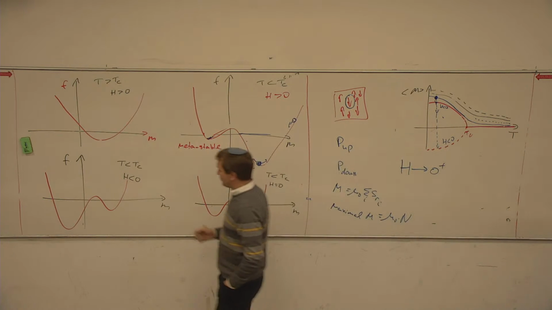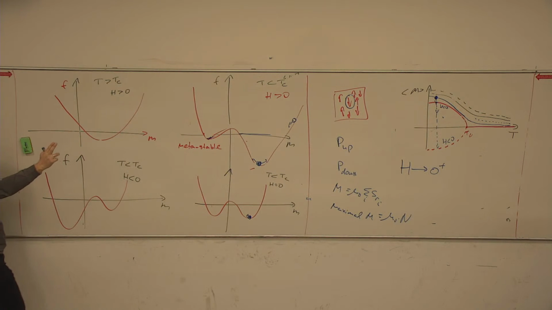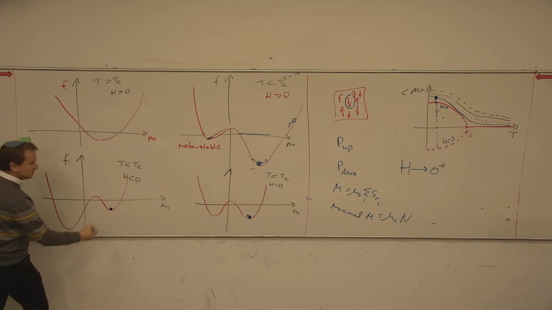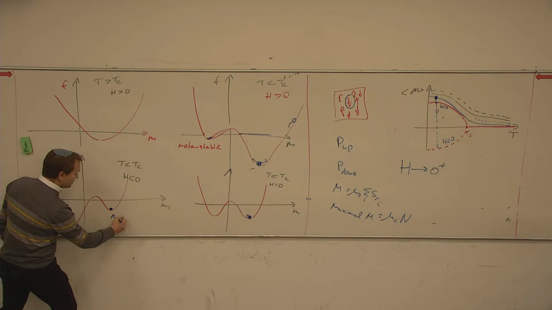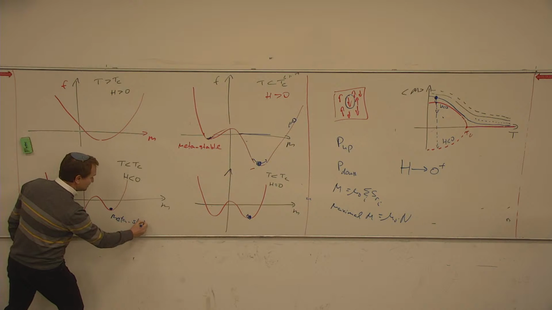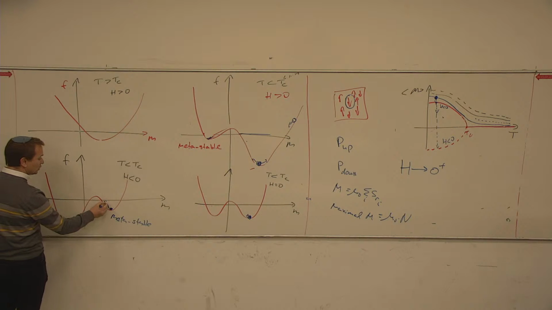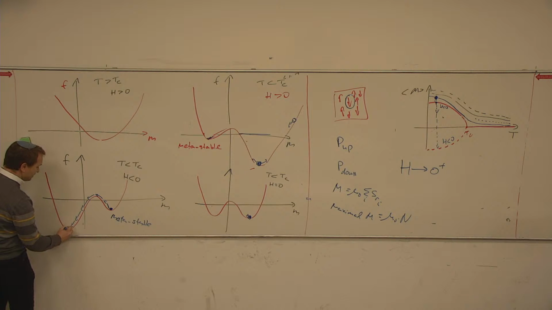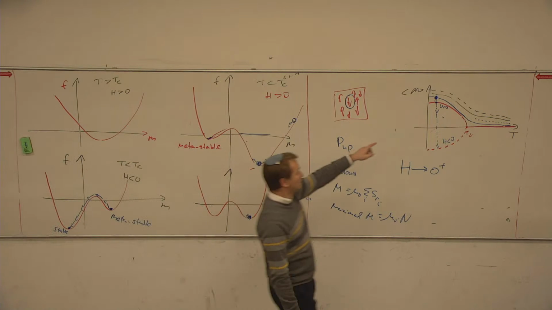And now, because we lowered the external field a little bit lower than 0, it's still sitting in this well. But this is now, instead of stable, a metastable state. Right? So what happens to the system in a metastable state? Eventually, it will cross over here and jump pretty fast to the stable state. Okay. So this is a jump.